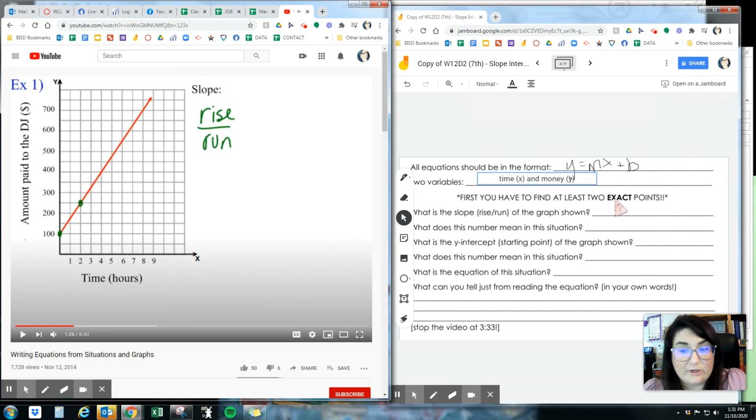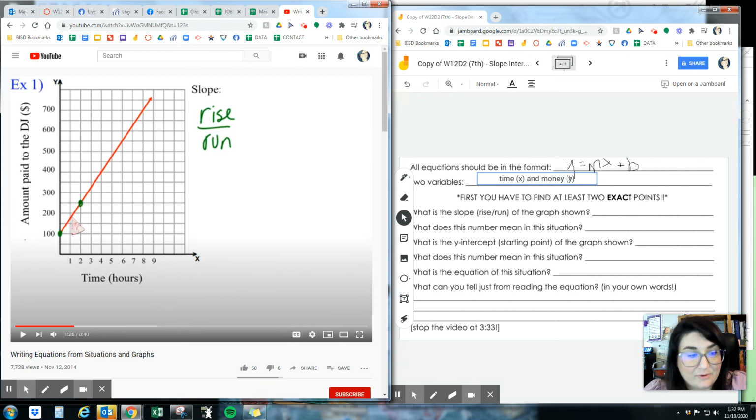Whenever I say find at least 2 exact points, that's what I'm referring to: finding these points where it crosses exactly at an x and y coordinate. So this is exactly (0, 100). This point is exactly (2, 250).